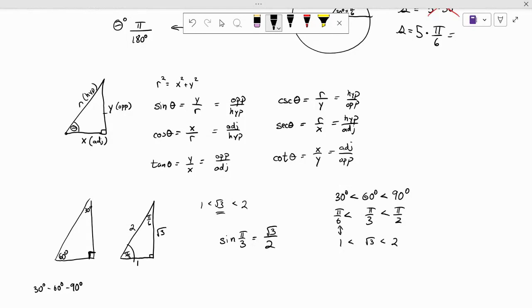So 1 must be the side opposite the smallest angle. Square root of 3 must be opposite the 60-degree angle.